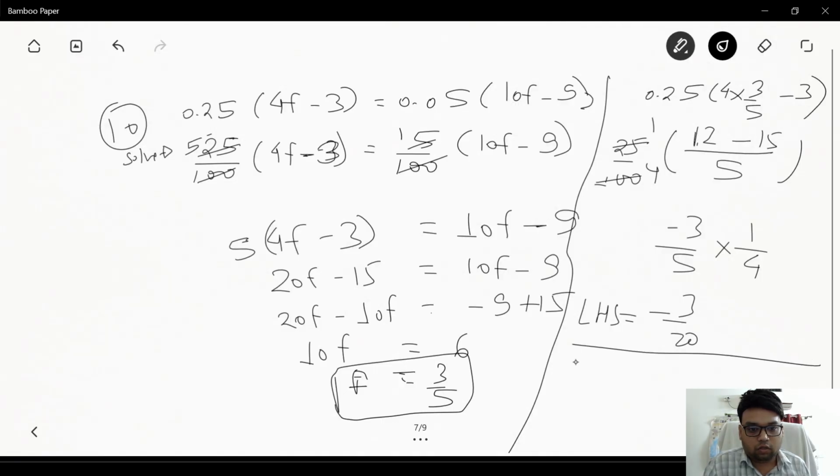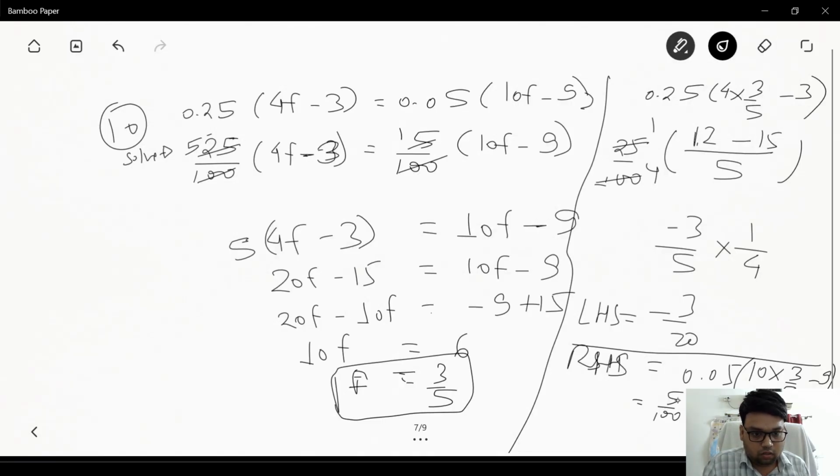Now checking the right hand side: 0.05 into (10 into 3 by 5 minus 9). Here 5 by 100 multiplied by (30 by 5 minus 9).